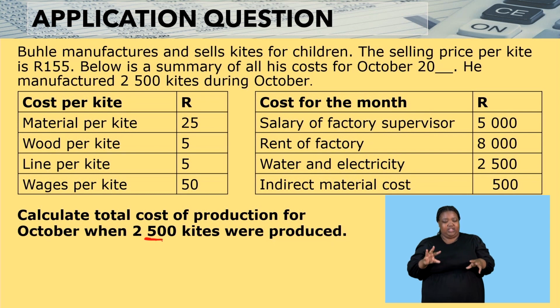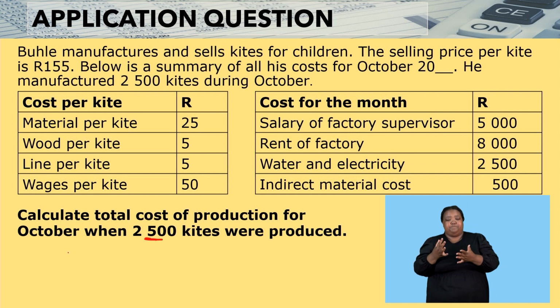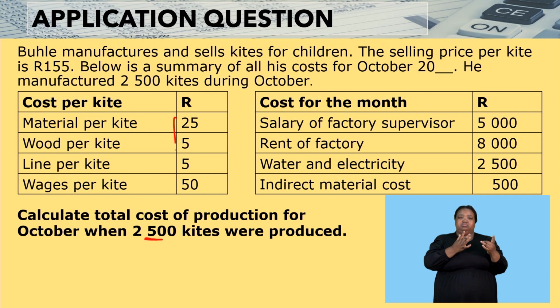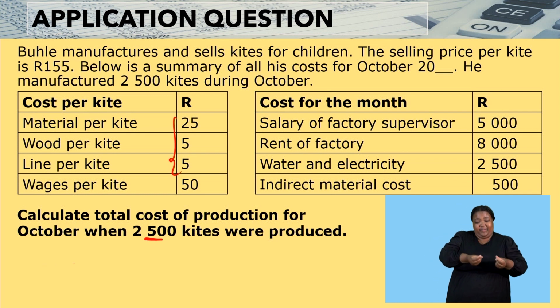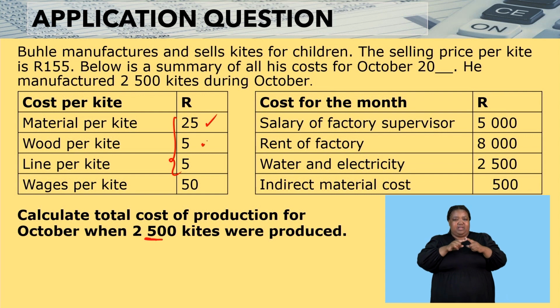All right? So we know that when we calculate the total cost of production, we will need our direct costs as well as our factory overheads. So to get our direct costs, we have already calculated the direct material cost per kite. Remember, we say 25 plus 5 plus 5. And that gave us 35 rands.